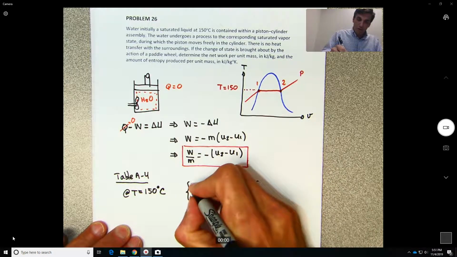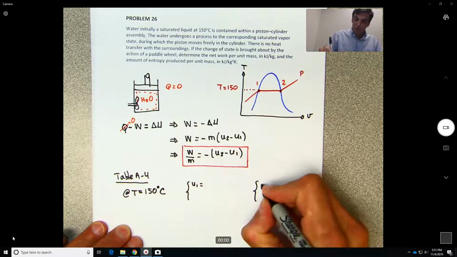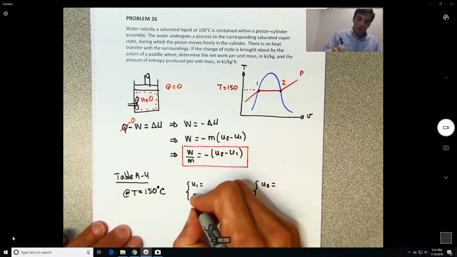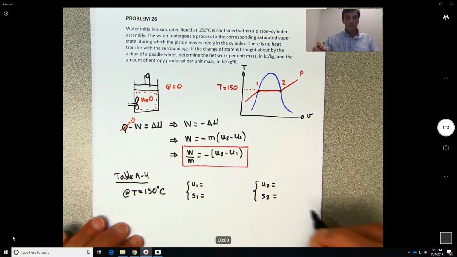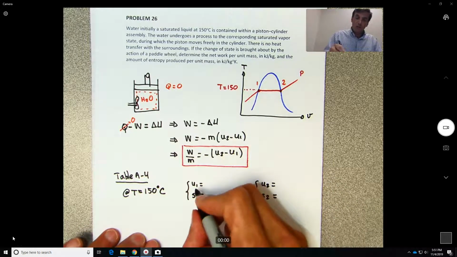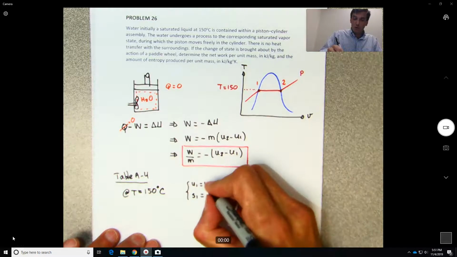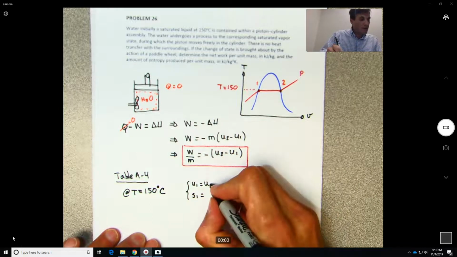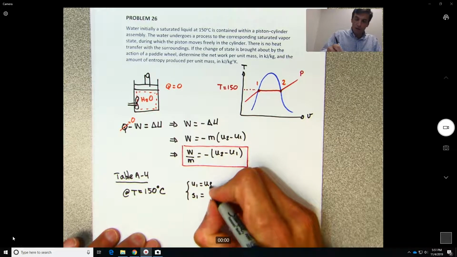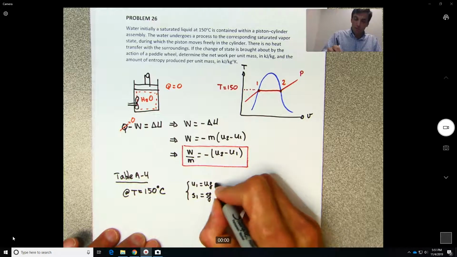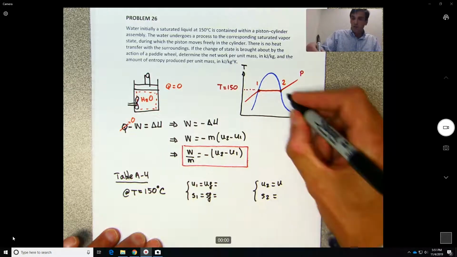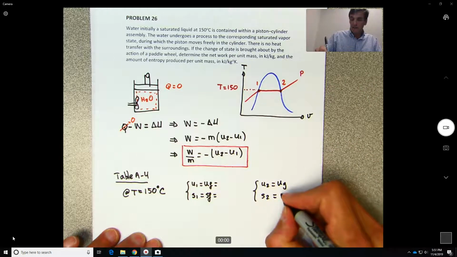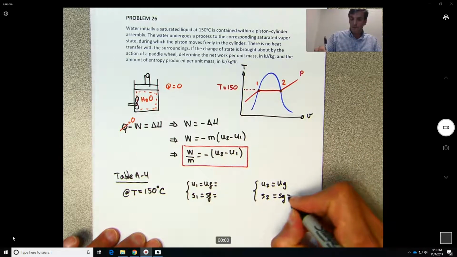So what do we have? We need U1, we need U2, but at the same time I'm going to find S1 and S2. So we know that U1 will be equal to U liquid, or they use f over here, f for fluid, same thing over here, and this will be U gas, S gas.